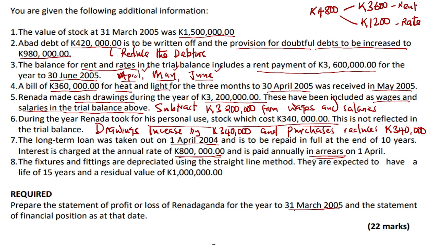So March and February are part and parcel of the heat and light cost, the 3 million, because it is within that range. We have only gone beyond for 1 month, which is April. So the owing we are supposed to talk about here is the owing for 1 month, April.